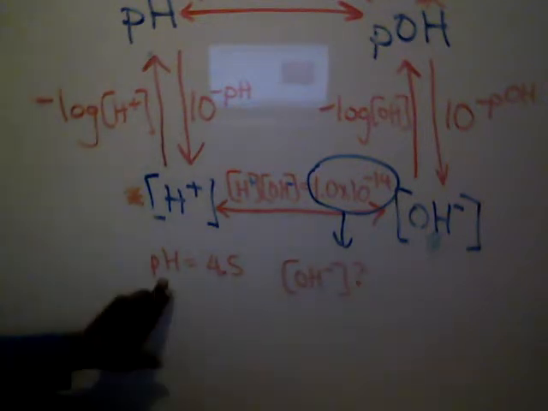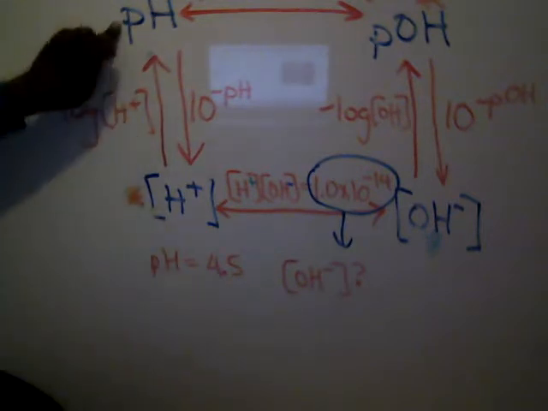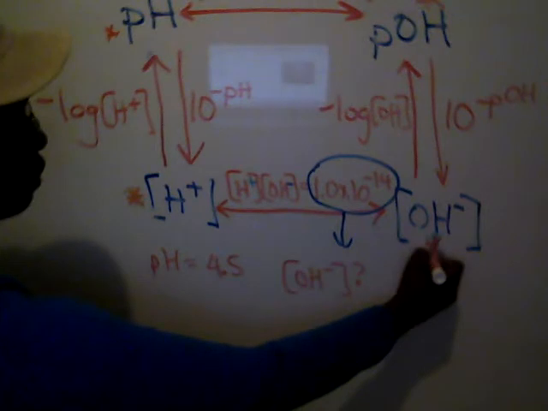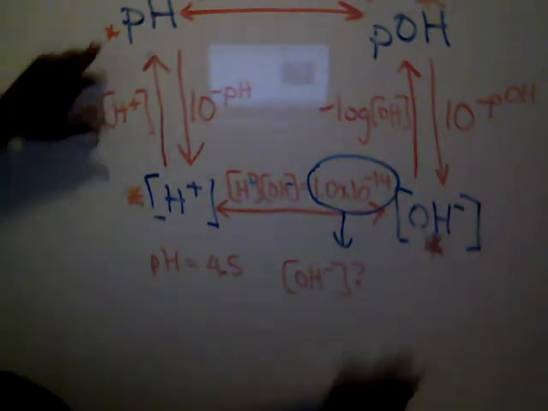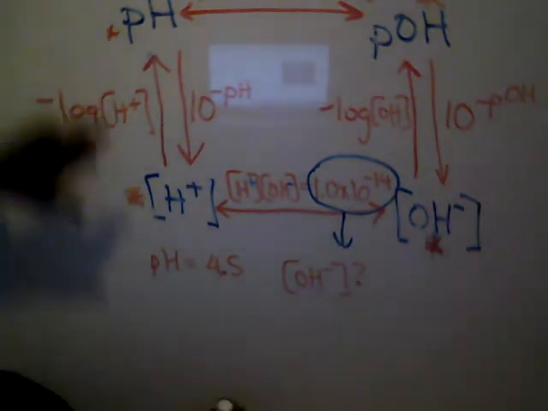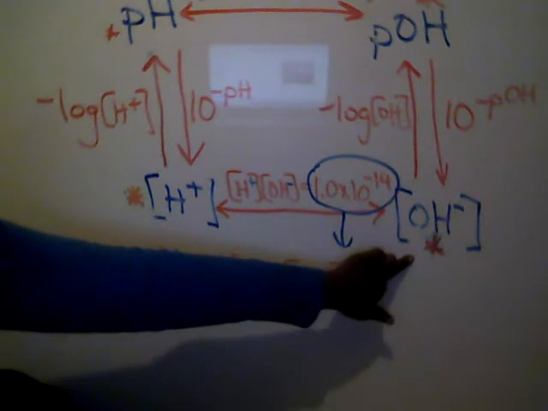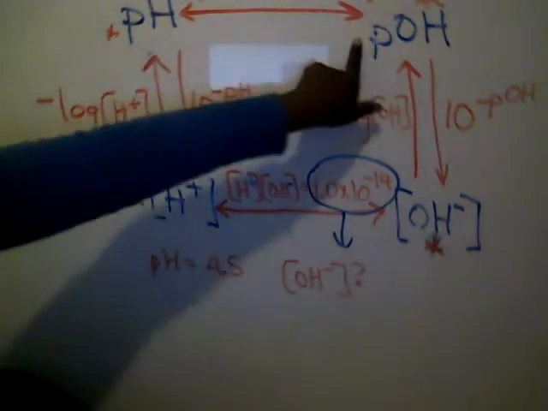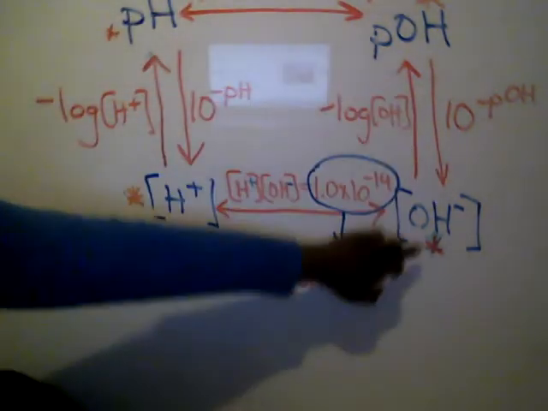Okay. So we are here with pH, but we want to skip all the way over here. So to go from here to here, we can go to hydrogens first and then to hydroxides, or we can go from pH to pOH to hydroxides. So let's take the route at the top and go that way.